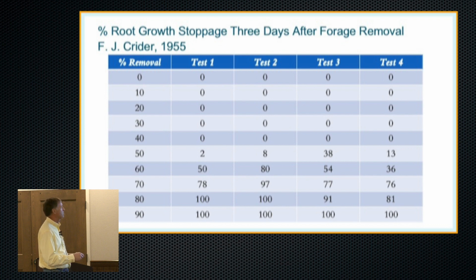You could take 10% of that plant, nothing, 20, 30, 40%. At 50%, we start to see it affecting subsequent root growth. But look what happens. You go from 50 to 60, up to 80%, and at 70%, and then when you get down into the 80 and 90% defoliation, you're basically stopping all the root growth.